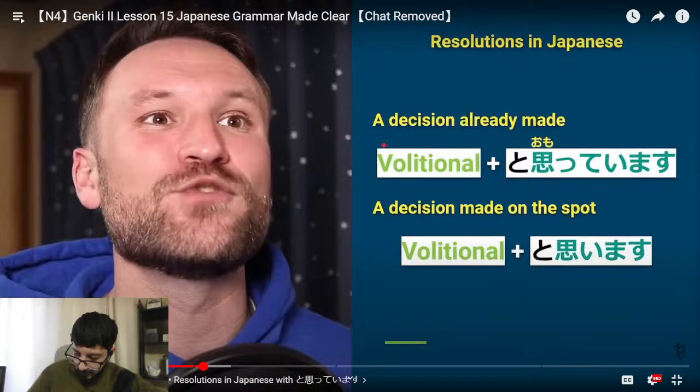Volitional plus と思っています。と思っています。Volitional plus と思っています。Writing kanji again.